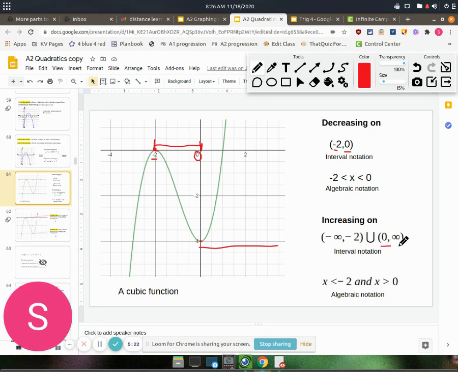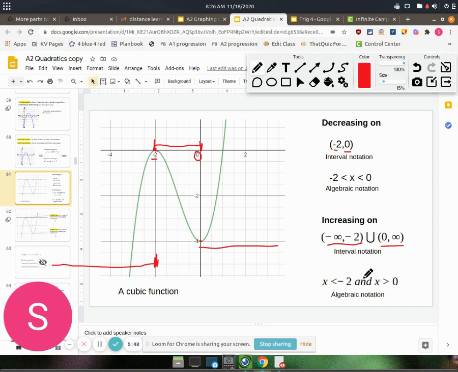So that's 0 to infinity. And it also increases from negative infinity until it gets to negative 2. That's where it stops increasing. So that would be negative infinity all the way to negative 2, or all numbers that are less than negative 2.